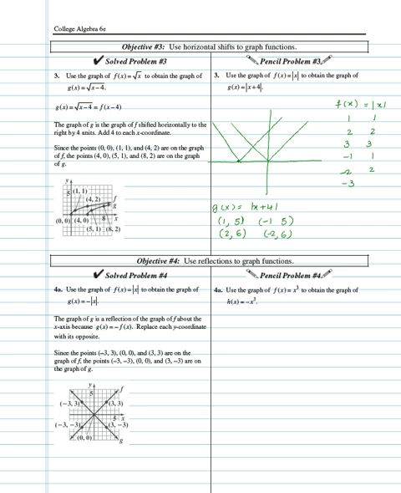All right. I'm going to use the graph of x cubed to obtain the graph of negative of x cubed. So what happens here is the graph is going to be reflection, or it's going to be flipped along one of the axes. So we're going to find out what axis that would be. So when I draw my graph of x cubed, when I take a couple of values for x and plug them in, the graph of x cubed is going to be something like this.